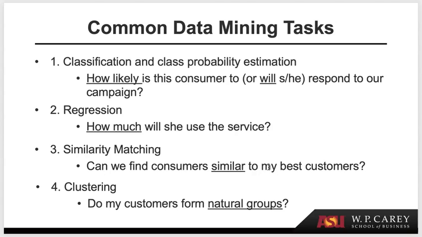So if a customer is similar to my best customers, then we can define it as yes, best customer. Otherwise, no, they are not best customers. We can consider that as the target, and accordingly we can perform supervised data mining models.